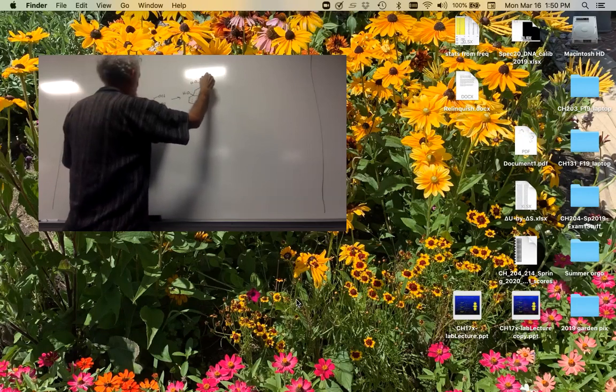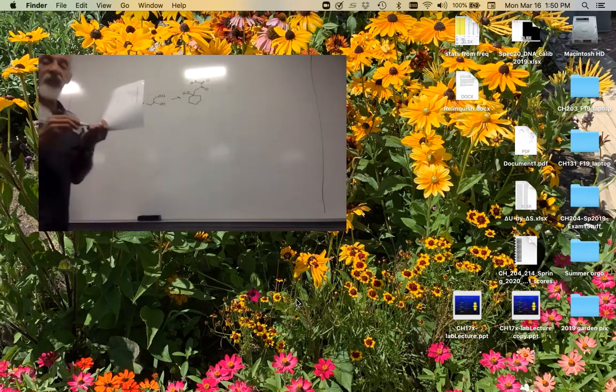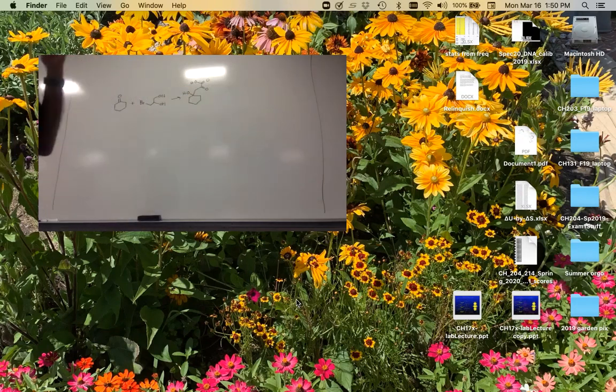The target molecule we're trying to make is this alpha keto acid.